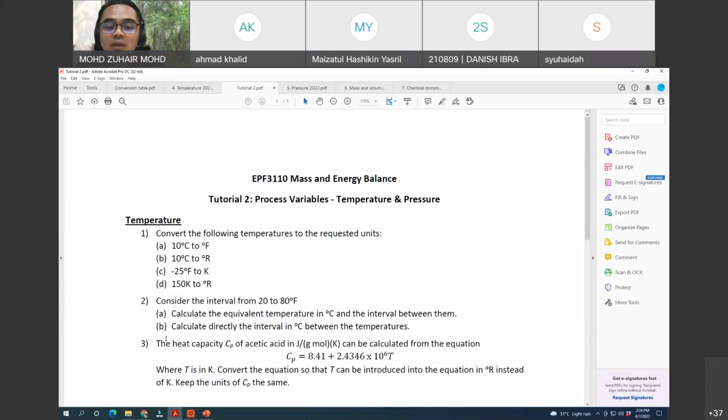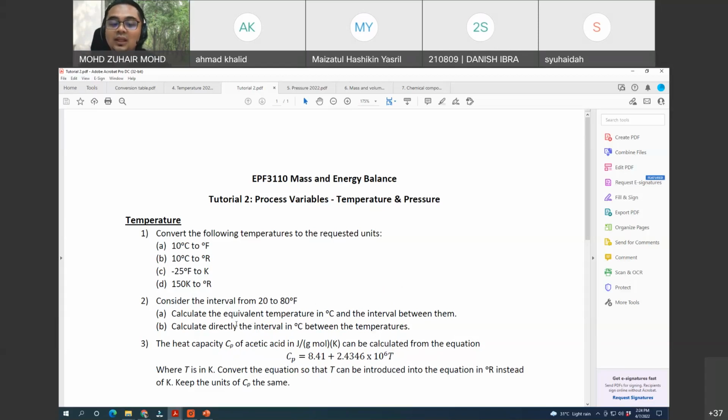So here, we want you to solve this in two ways. One is to calculate the equivalent temperature in degree C and the interval between them. So the 2A question asks you to convert first 20 degree Fahrenheit to degree Celsius, 80 degree Fahrenheit also need to convert to degree Celsius, and then after that you do the minus.